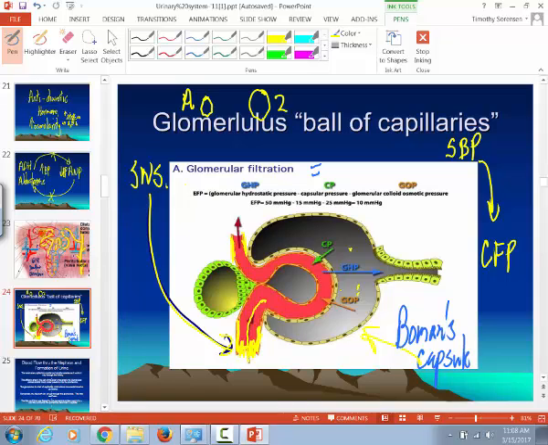Do you see this? Now watch. You ain't bleeding your blood no more. You're drinking a bunch of water. What's going to happen to your blood volume? Go up, right? What's going to happen to pressure in the glomerulus?